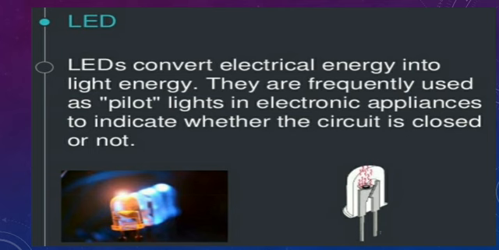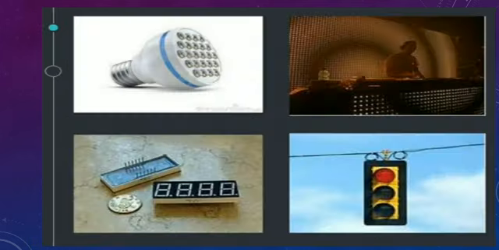So this is the LED, and the LED converts electric energy into light energy. They are frequently used as pilot lights in electronic appliances to indicate whether the circuit is closed or not. So LEDs are used in electrical circuits for indication purposes.